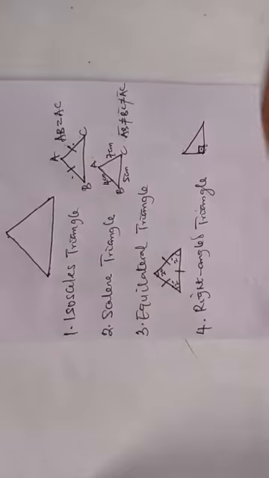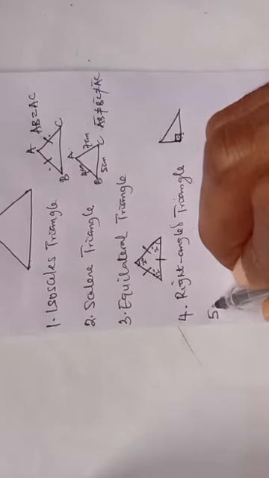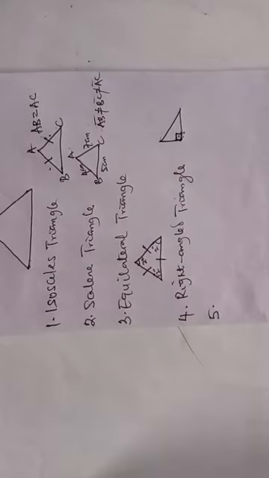So the fifth one is the obtuse angled triangle. It was also discussed, but let's repeat it. It is a triangle in which at least one of its angles is more than 90 degrees.